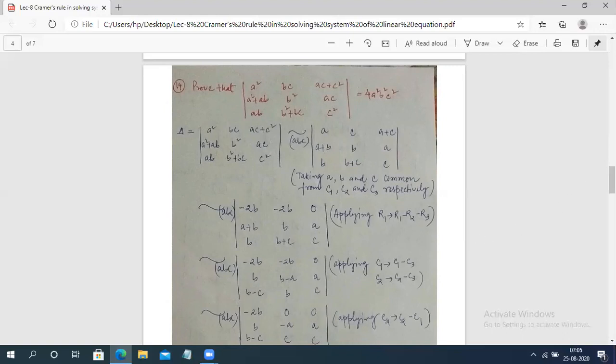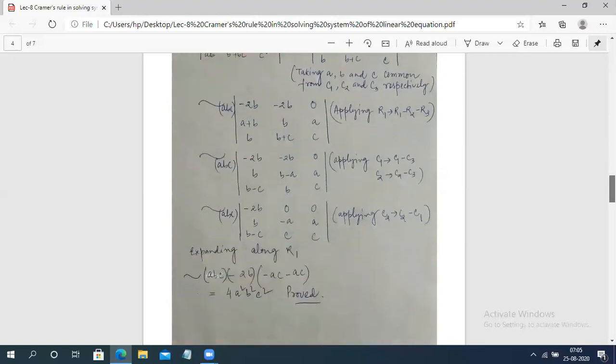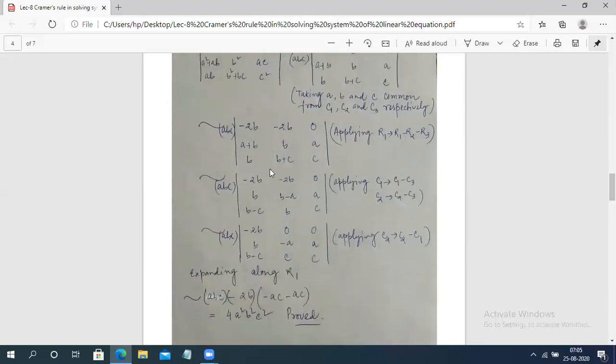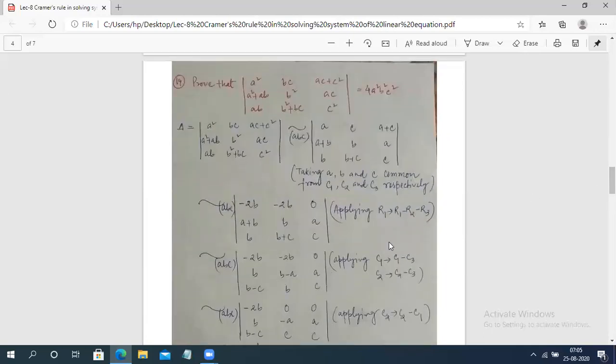Now apply this transformation: you are changing the first row, that is R1, as R1 minus R2 minus R3.